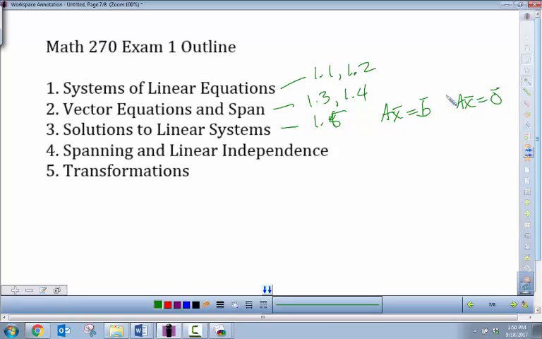The homogeneous and non-homogeneous system. And then I know this is 1.7, the spanning and linear independence. So we talked about span already beforehand, but then we reiterated the idea of a span, and we talked about linear independence in 1.7. And then there will be questions on linear transformations.